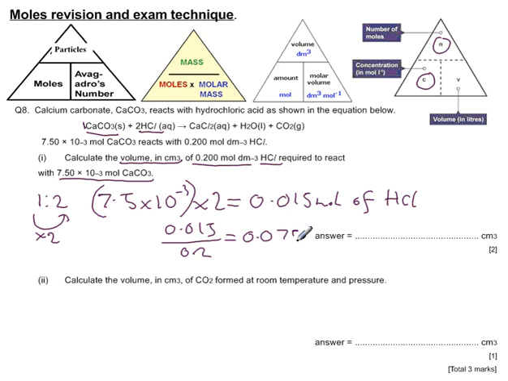Now that answer is in litres. It's in litres because it's come from a concentration which is measured in moles per litre, but the answer is required in centimetre cubed. So you must convert the litres into centimetre cubed by multiplying by 1,000. And the answer, 0.075 times by 1,000, is 75 centimetres cubed.